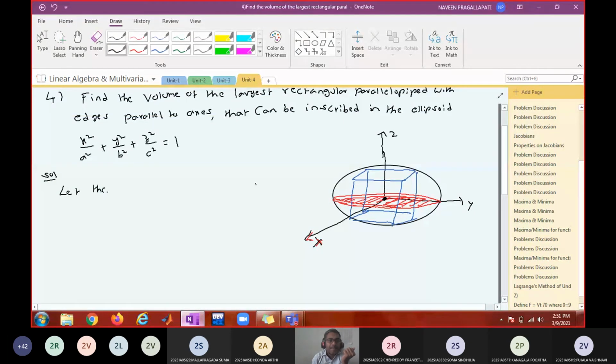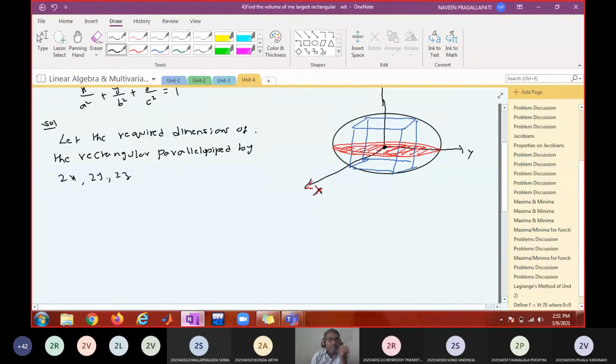Let the required dimensions of the rectangular parallelepiped be 2x, 2y, 2z, subject to the condition x square by a square plus y square by b square plus z square by c square is equal to 1.